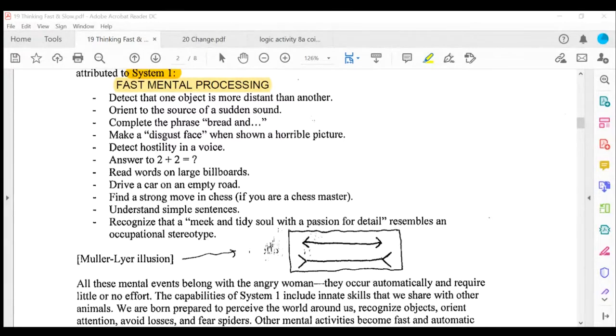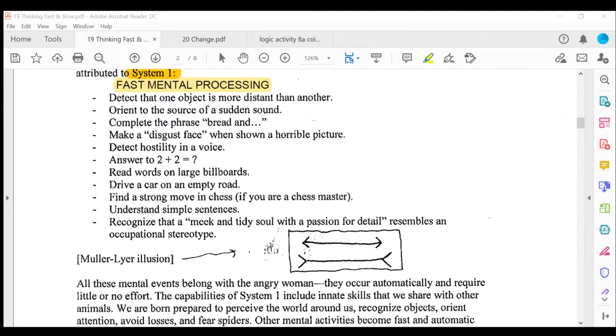top line is shorter. For some reason, if we have arrows where the little arrows on the outside are facing away, the line looks shorter. And if we have arrows facing toward the line, it seems longer for many of us. Any of you who have grown up in a society where there are lots of 90-degree angles will naturally interpret lines in this way.